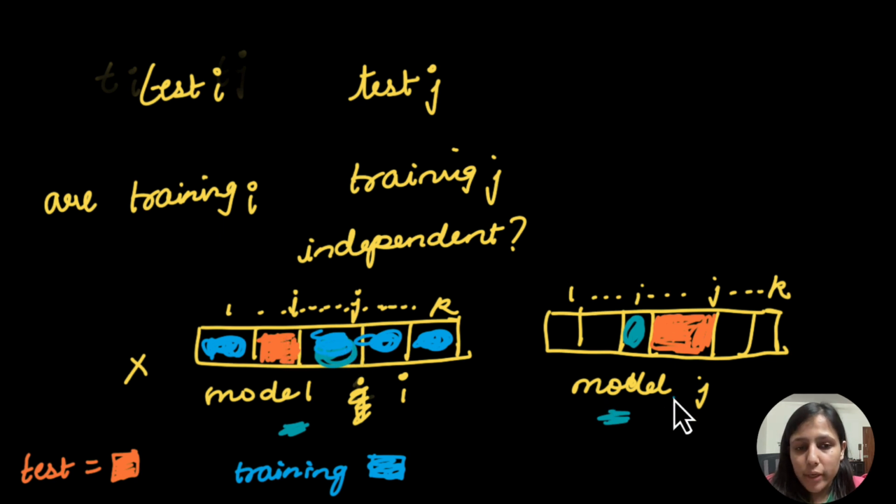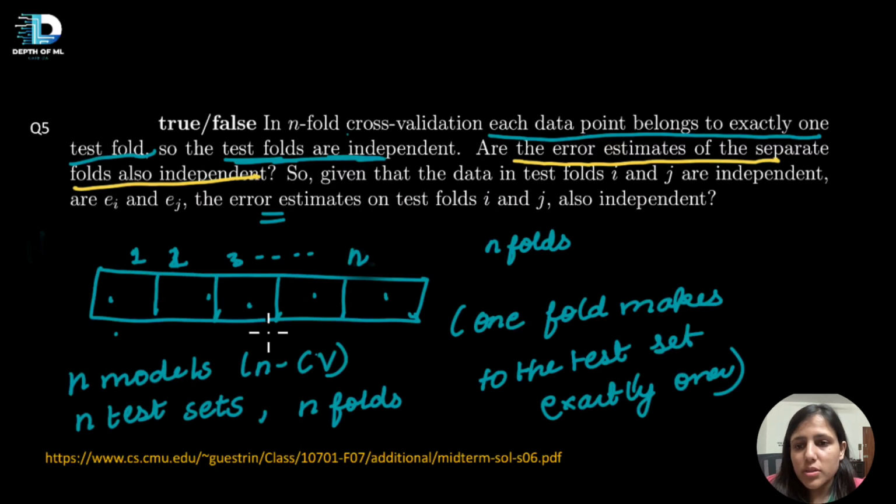But in model J, fold J is in testing and fold I is in training. So essentially, fold J, which is a test fold for one model, is coming in the training of model I, and similarly fold I is coming in the training of model J. So these are not independent. Okay, so this statement is false.